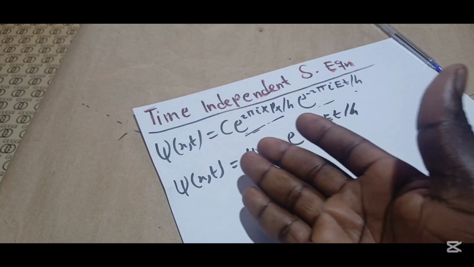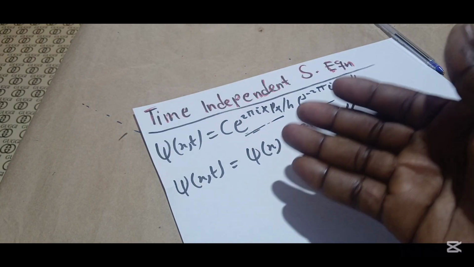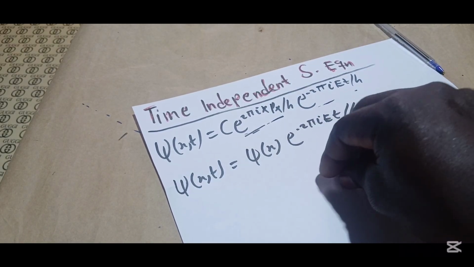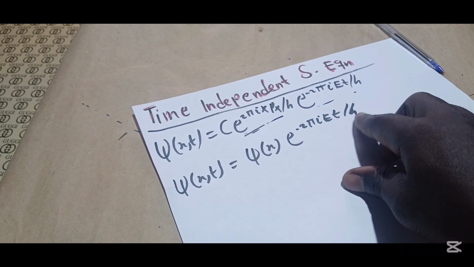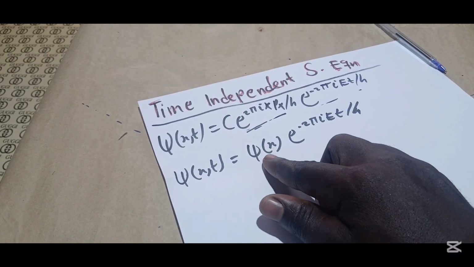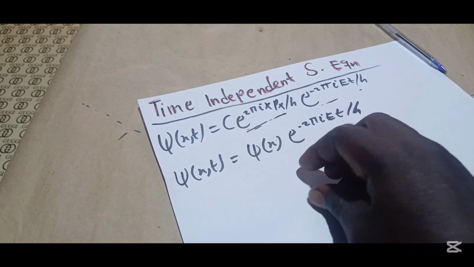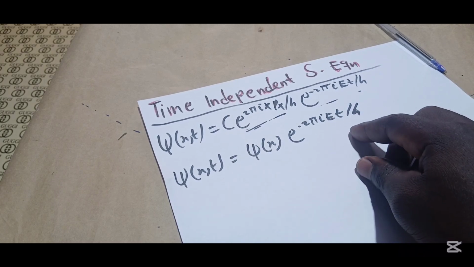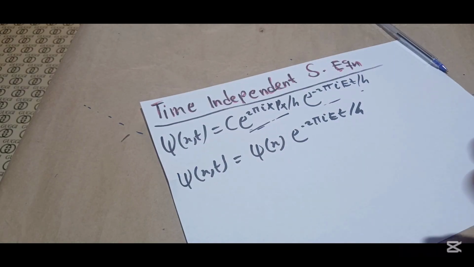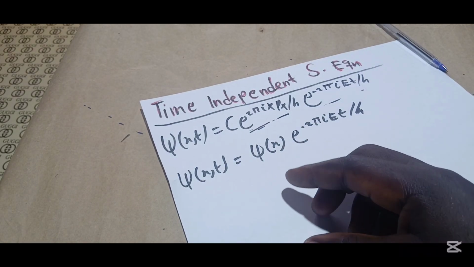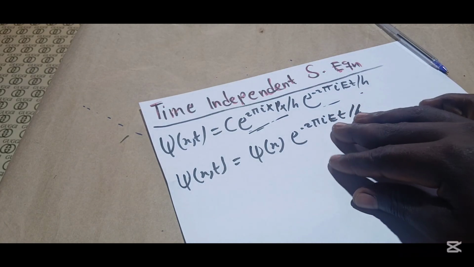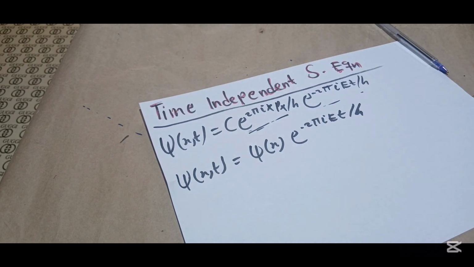That is in 1D. If we have x, y, z, then this term here will be for x, y, z, and we bring in the exponent that has the time part. So this is the spatial part of the wave function, and this is the time part of the wave function. Just know that for now, the spatial part is in terms of how the particle or the system behaves in space, and the time part is telling how it changes with time.